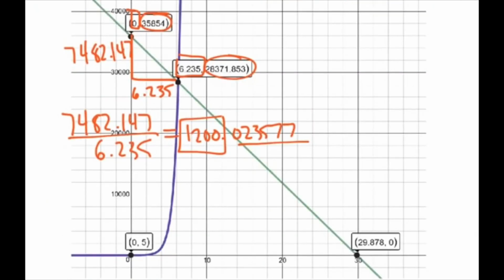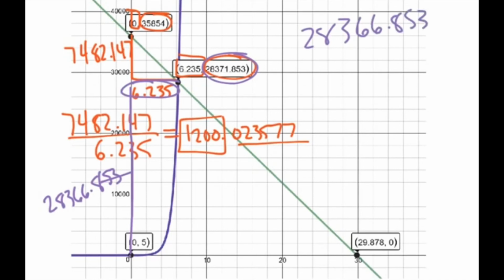Now, if we do it for our exponential, the difference here is we're going up from 5 to this number. So I'd go 28,371.853 minus 5 to find that difference, that y value of 28366.853. And then once again, 6.235, so I'd go 28366.853 divided by 6.235 to get that one, which would be about 4549.6155.